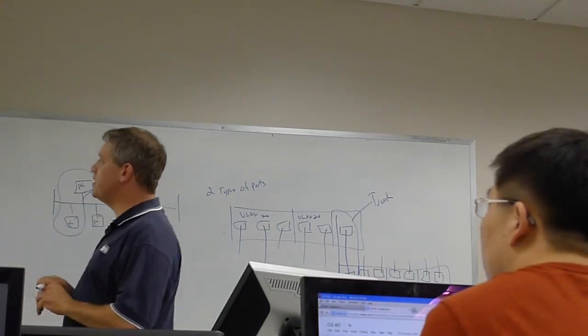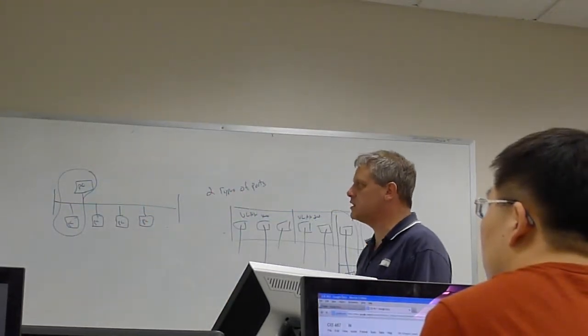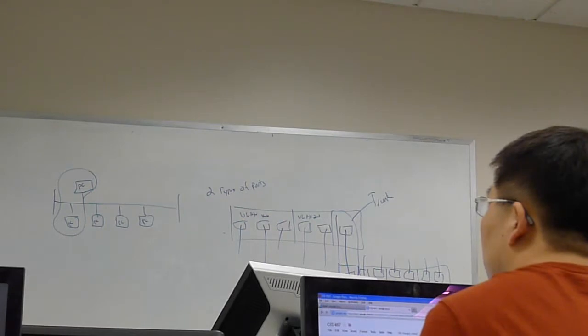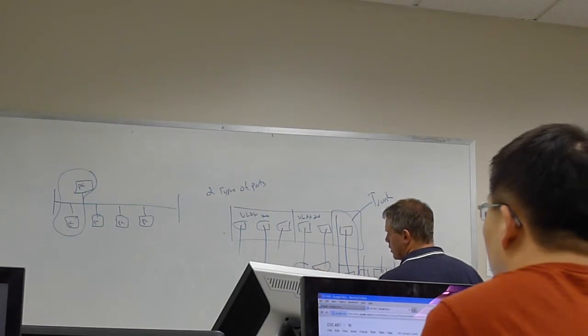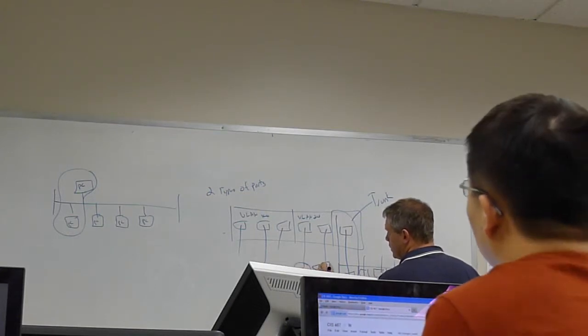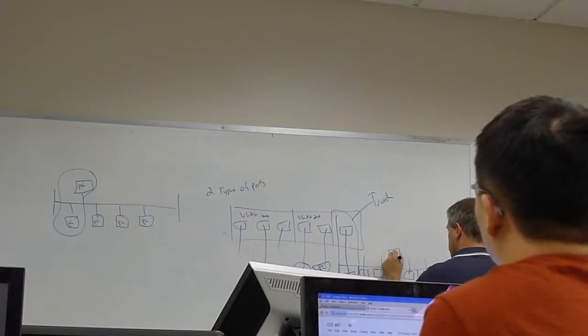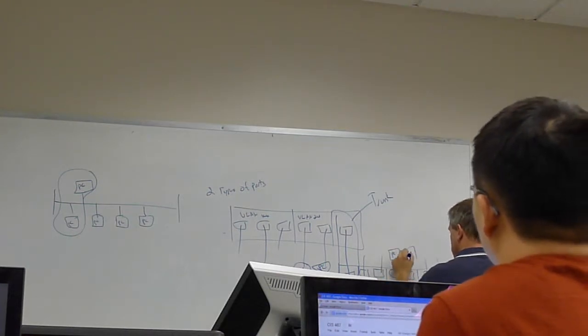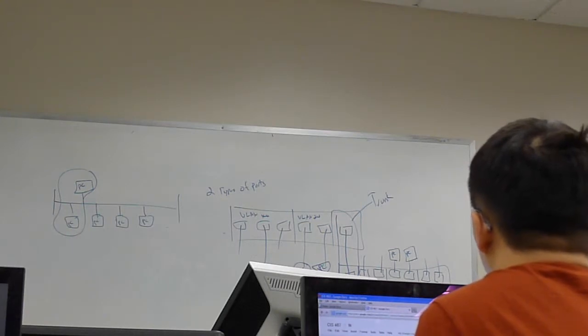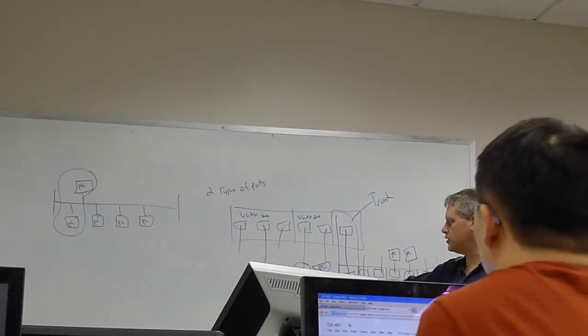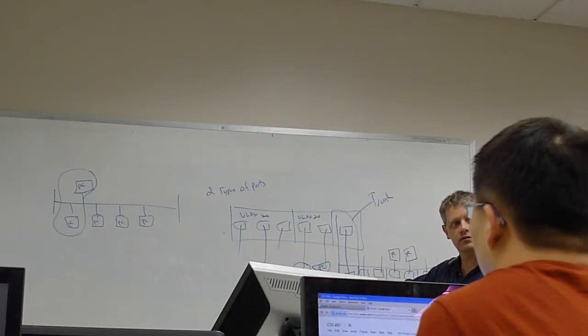There are three types of VLAN ports: promiscuous, isolated, and community. So, let's say I have PCs in VLAN 200. Alright? And I only want these PCs in VLAN 200 to talk to one another.